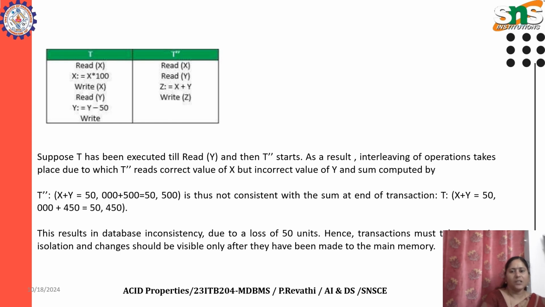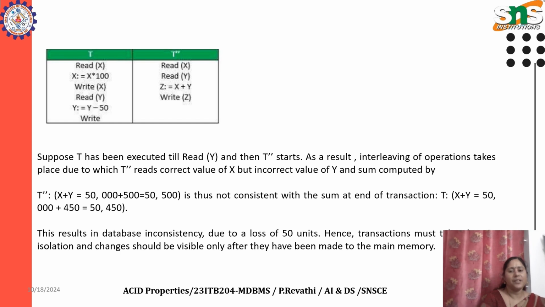As a result, interleaving of operations takes place, due to which T dash reads the correct value of X but an incorrect value of Y, and the sum computed by T dash, X plus Y equal to 50,000 plus 500 equal to 50,500, is thus not consistent with the sum at the end of transaction.